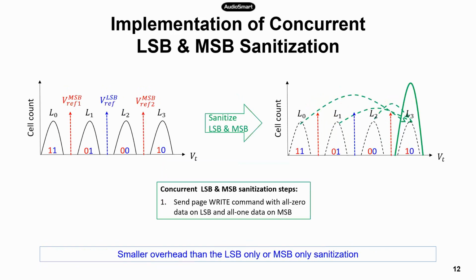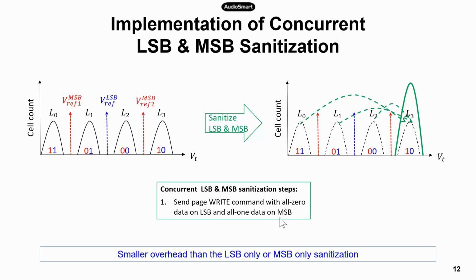Next is implementation of both LSB and MSB sanitization. This one is easy. We don't need to read anything on the MSB or LSB page. The only thing we have to do is send a page write command with R0 data on the LSB page and R1 data on the MSB page.